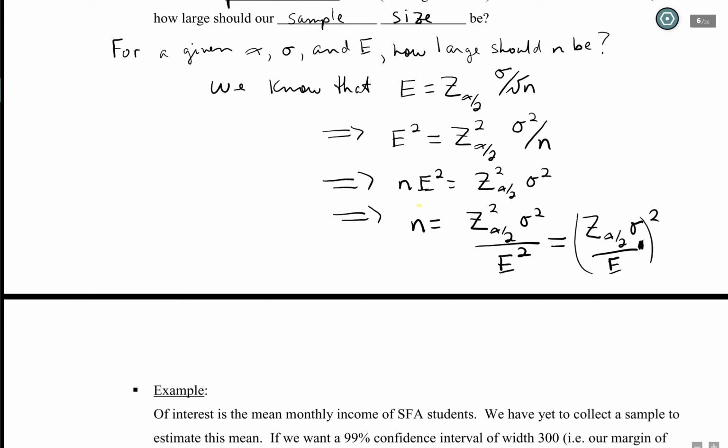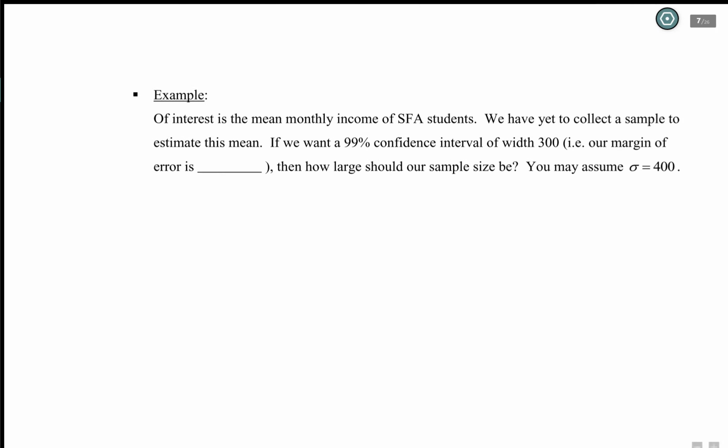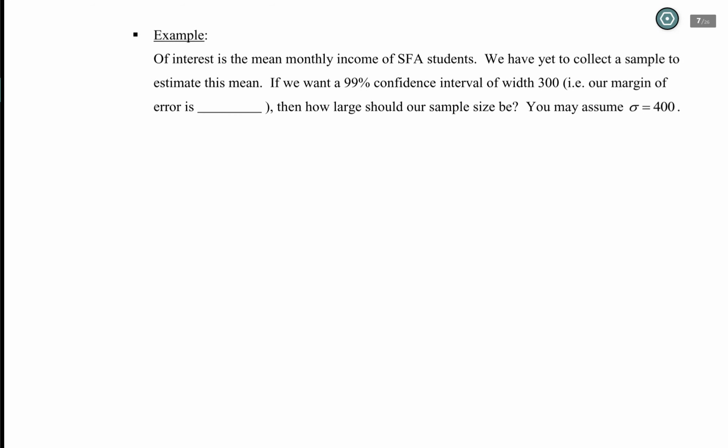Alright, so let's look at an example that illustrates this sample size determination idea. Of interest here is the mean monthly income of SFA students. So this is the parameter. We want to estimate mu. It's a mean here. It's unknown. Now we have yet to take a sample to estimate mu.